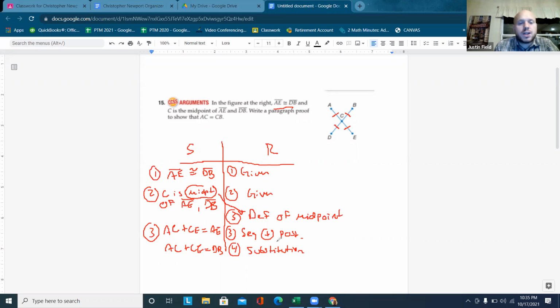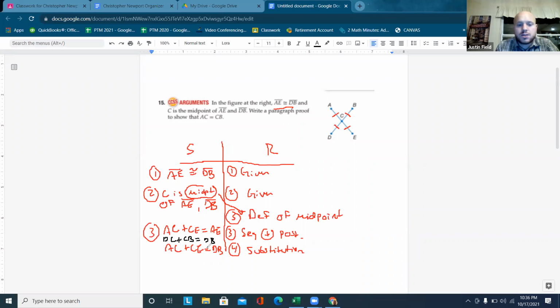All right, and now I want to show that AC is congruent to CB. So right here I have AC, and now I need CB. I'm gonna have to write another inequality. Or equality. DC plus CB equals DB.